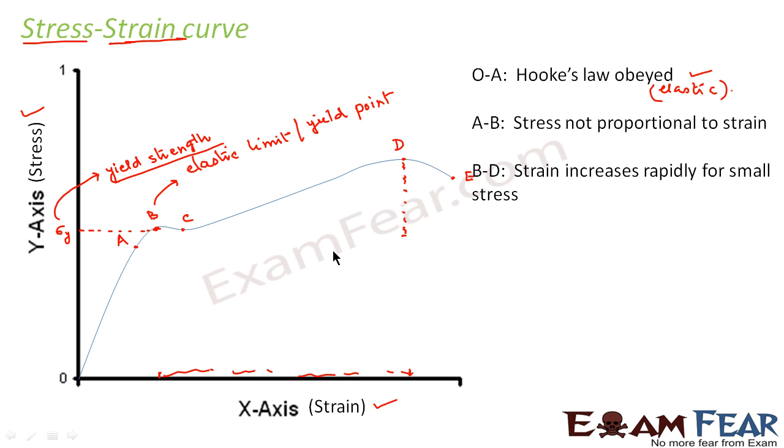I mean there was a big change in its shape, right? So in that situation, if you remove that force which you had applied, the ball does not come back to its original shape, because it had undergone a major change. So the body does not regain its original shape or original dimension even after the force is removed.